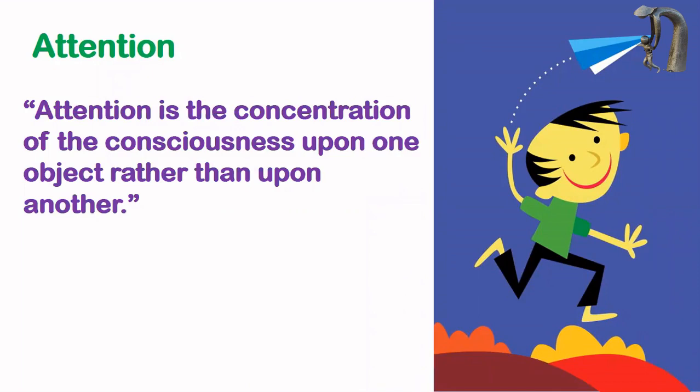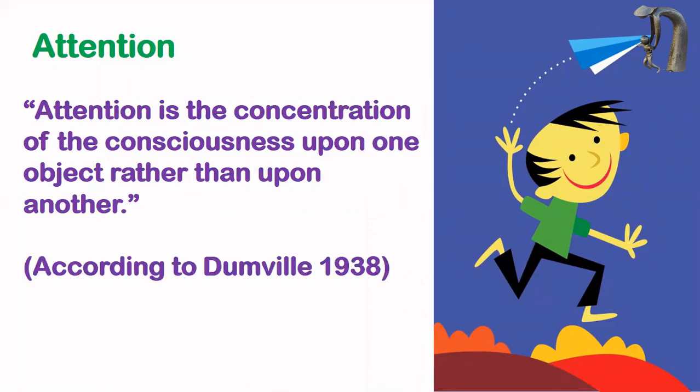This definition was given by Dumville in 1938. You can find this definition in any education psychology book, or you can get it on the internet. So it's quite clear. Attention involves concentration. Attention is the concentration of consciousness upon one object.